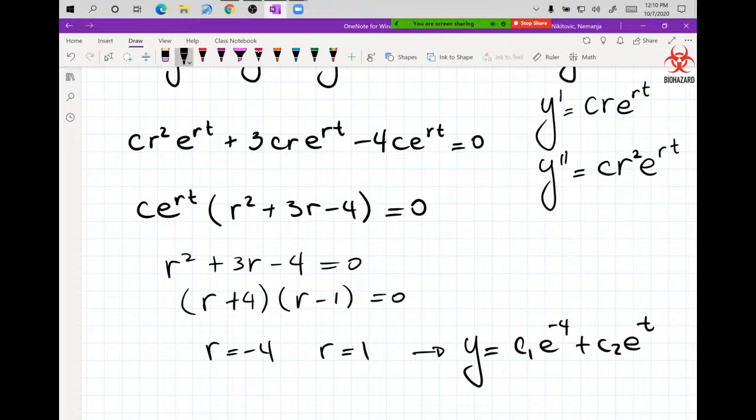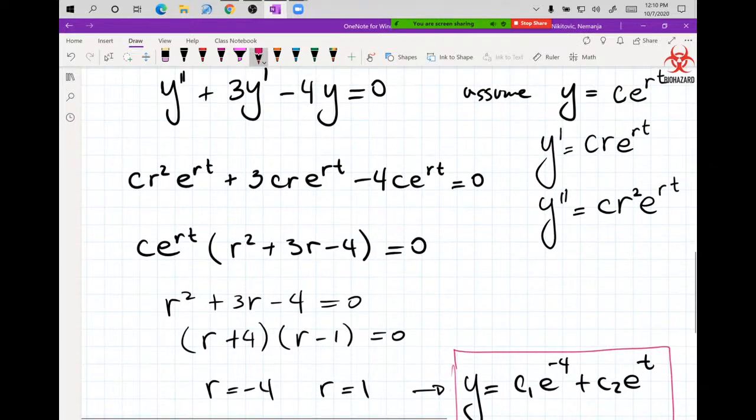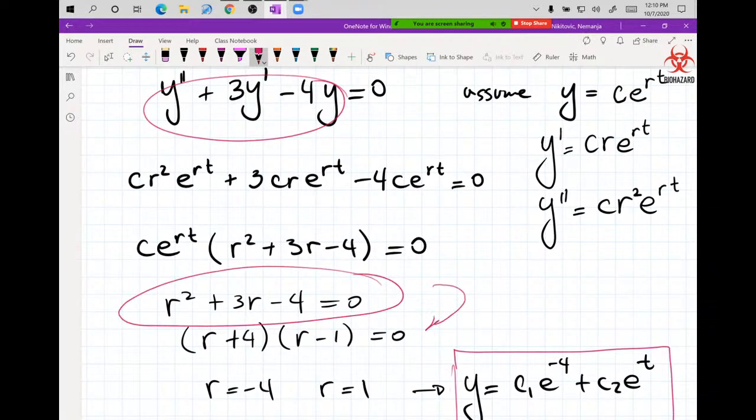That's it. We're done. There is nothing. Obviously, if initial conditions are given, you can compute your C's, but we are done with solving the differential equation. As easy as equation converts into characteristic equation, you factor it, and then you just write the solution.